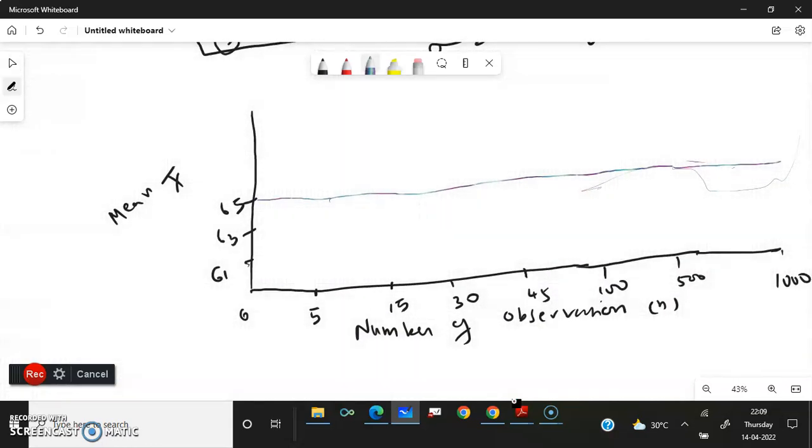Now, as the size of the sample increases, 65, 69, 71. Somewhere it starts, then it goes down. The curve will be somewhat like this, and it goes up like this.